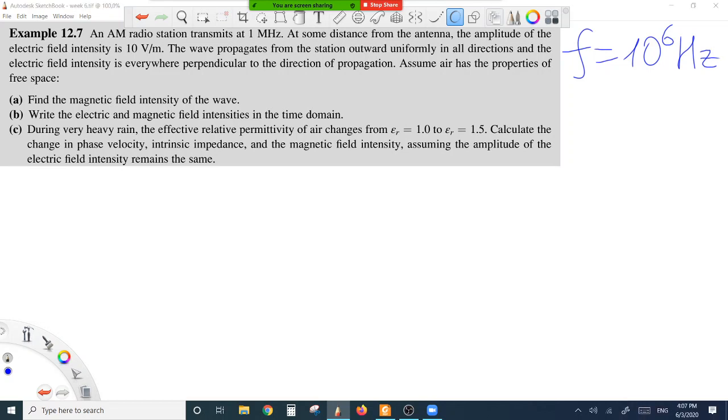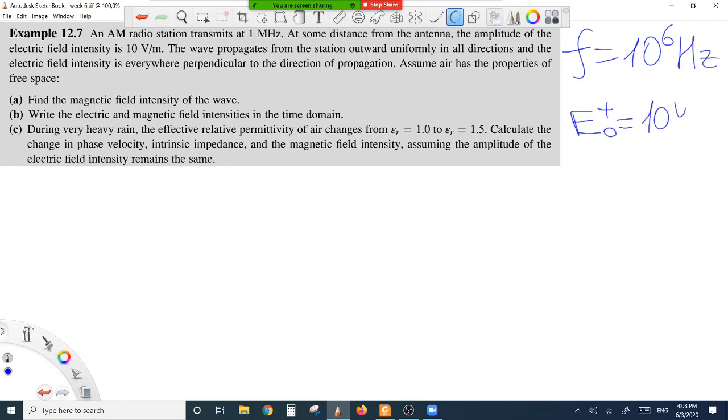And at some distance from the antenna, the magnitude of electric field intensity is 10 volt per meter.